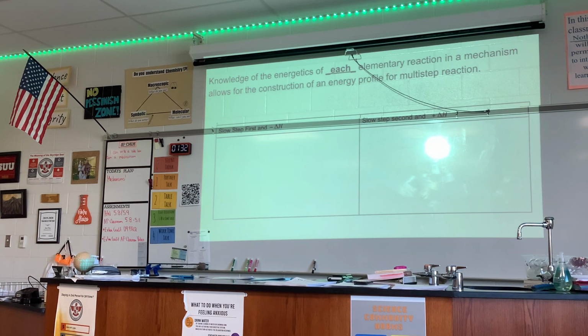It's going to start right here. Keep in mind, it's a two-step mechanism. You should be emphasizing the slow step. Look at page 10 on your notes, example. I'd say those are both valid answers.